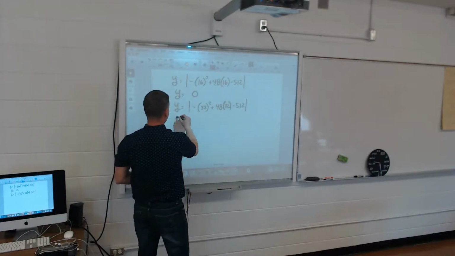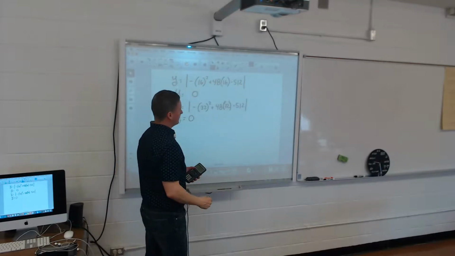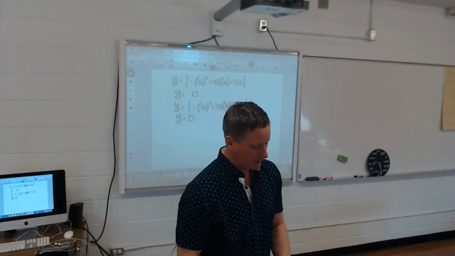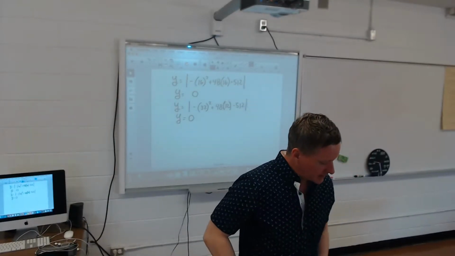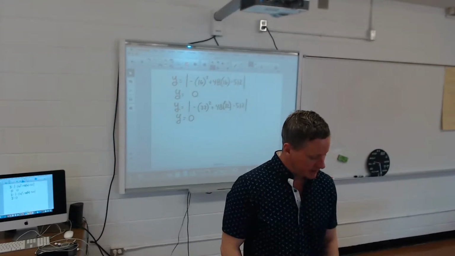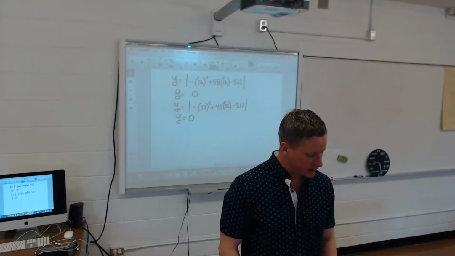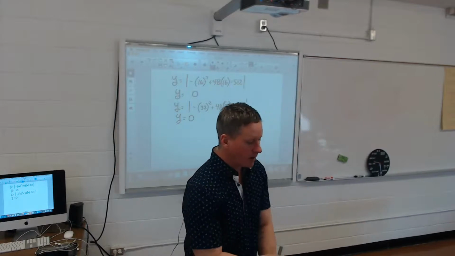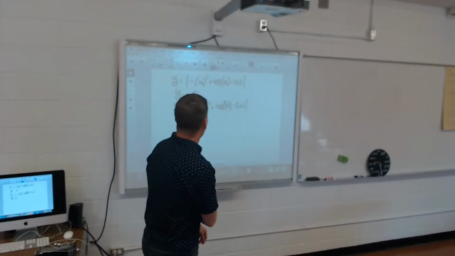Yep. So I get y equals 0. All right. So it says if the company can build between 16 and 32 screens, what is the number of screens within this range that will give the maximum profit? So we need to find the maximum profit.